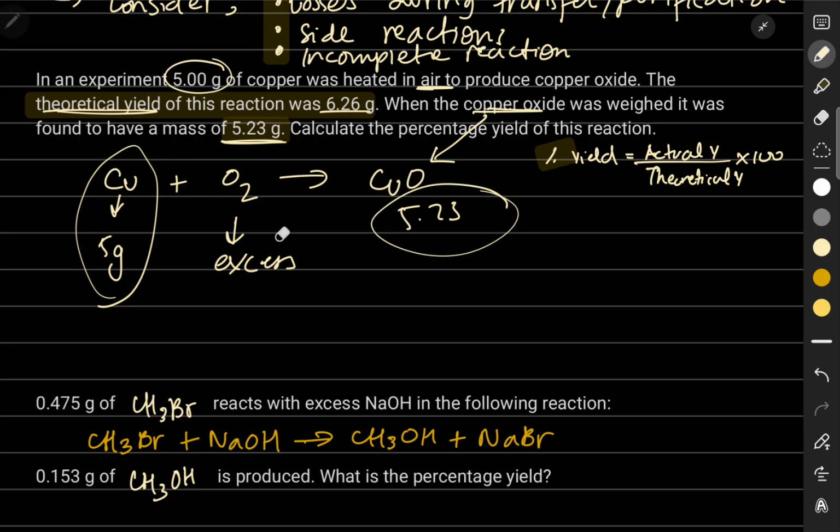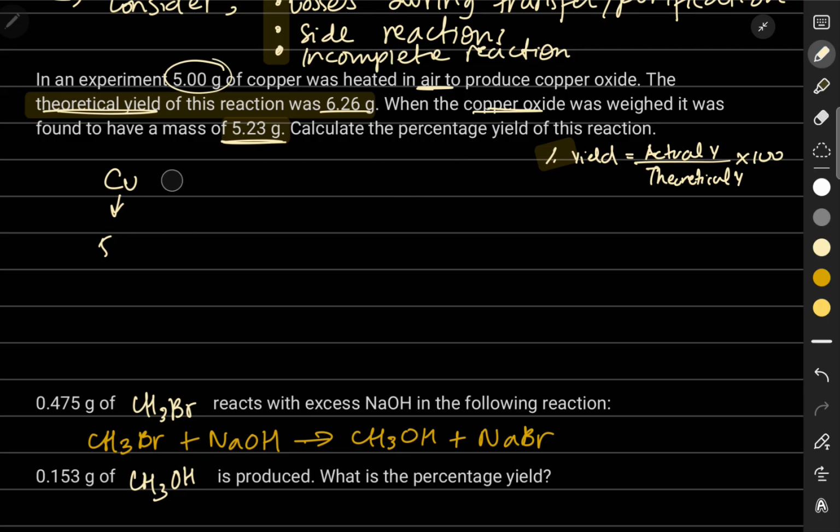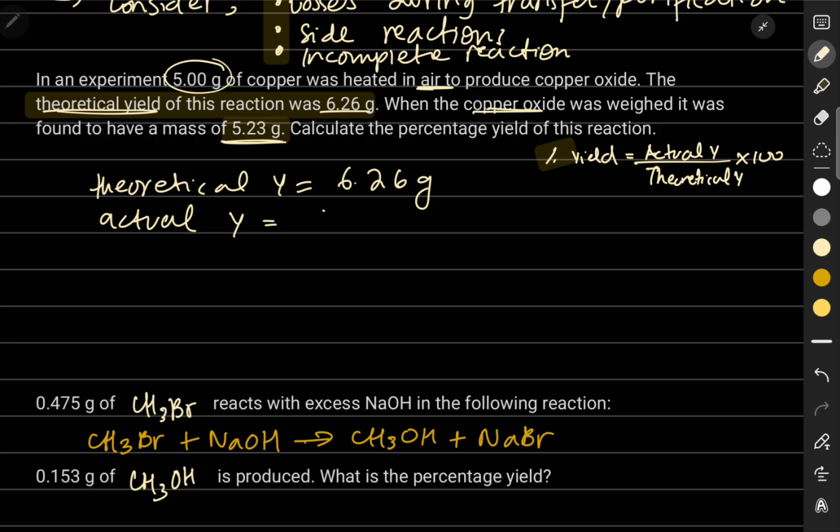And so now we just need to calculate the percentage yield. We have both the actual and the theoretical yield. Theoretical yield is 6.26 grams. Actual yield is 5.23 grams.